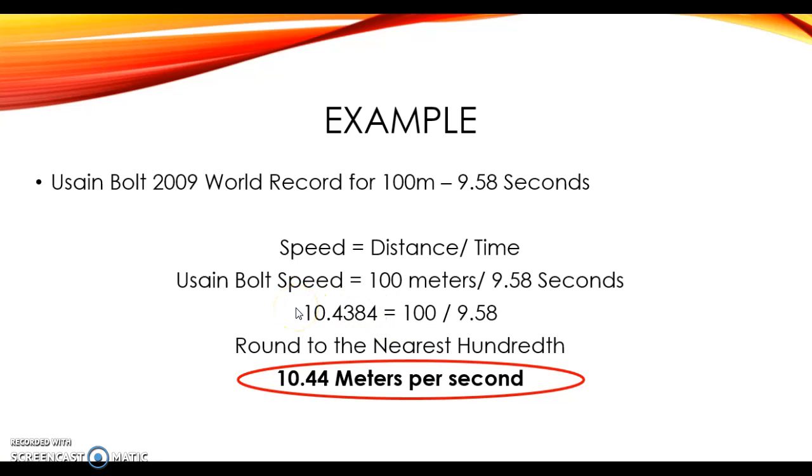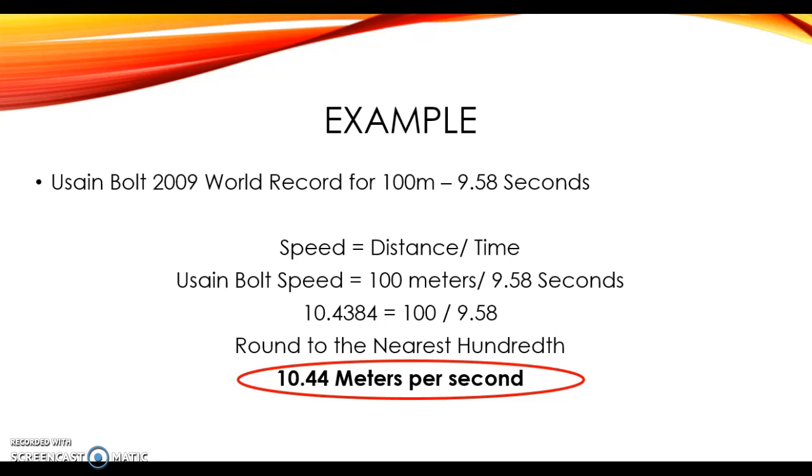But we're going to round that number to the nearest hundredth. So we get 10.44. So he's running 10.44 meters per second. So every second, just imagine, close your eyes and just imagine running 10.44 meters in 1 second. That's crazy.